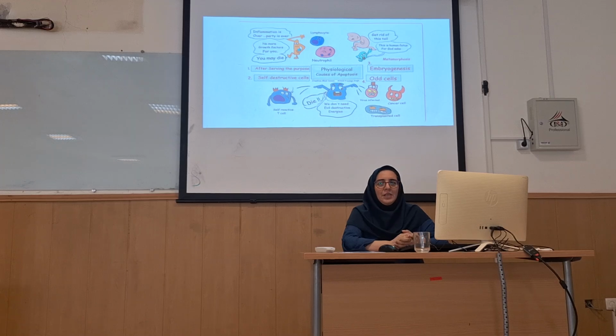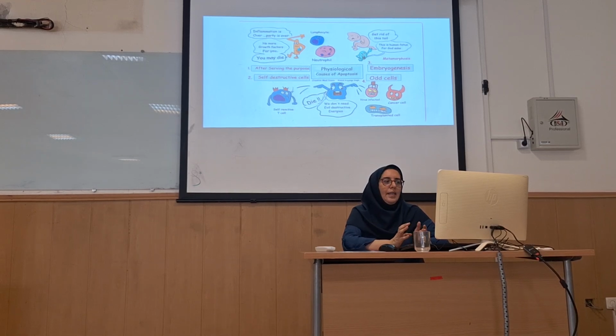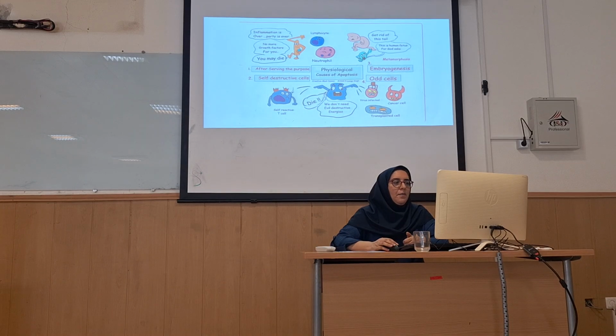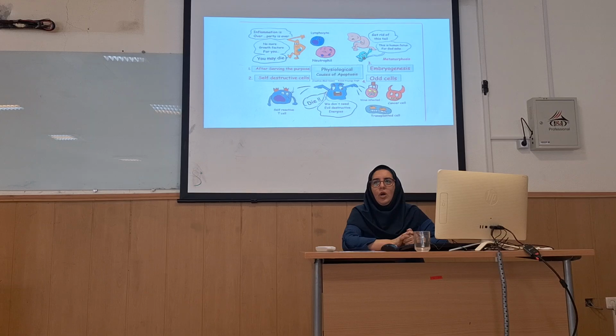But in physiologic apoptosis in embryogenesis, cell development and configuration of limbs and some internal organs is altered. And also, in physiologic apoptosis, we remove the cell after it has done its purpose and activity.